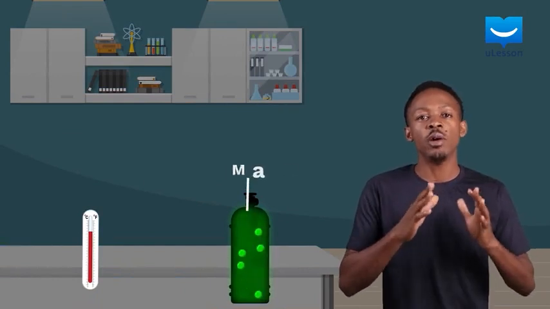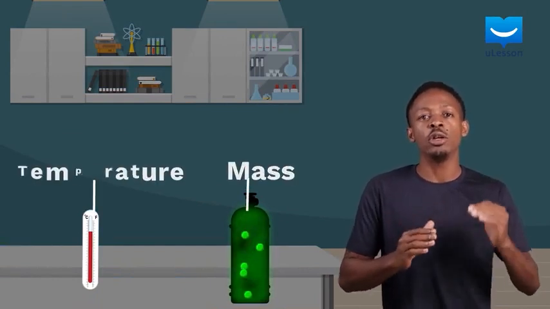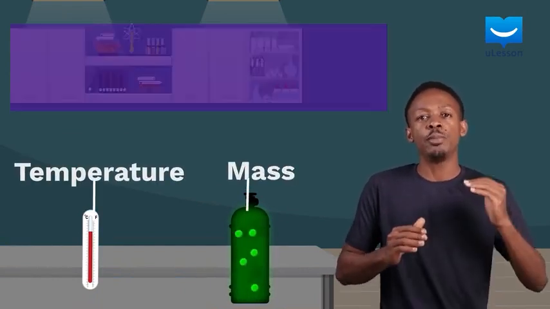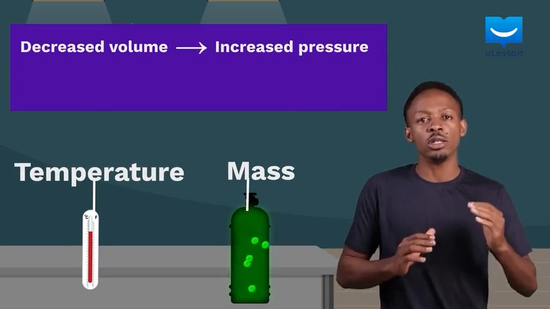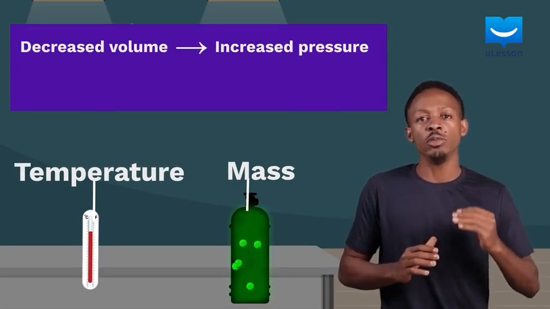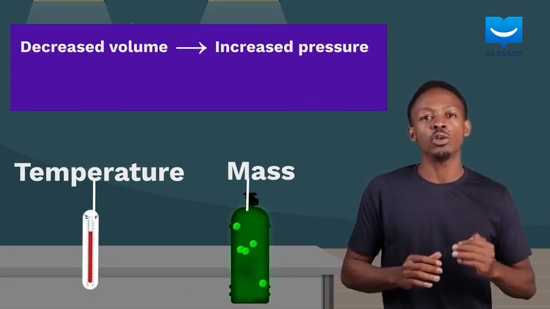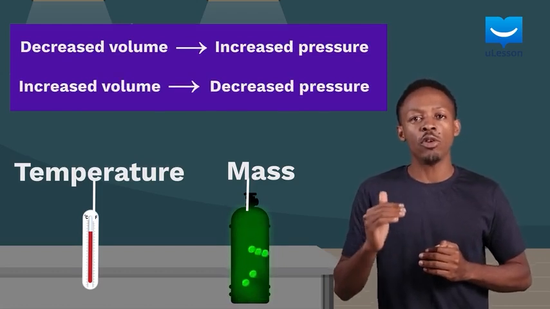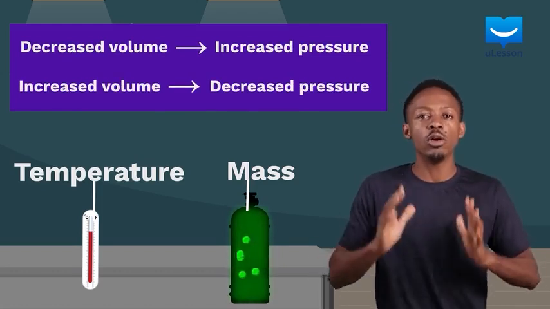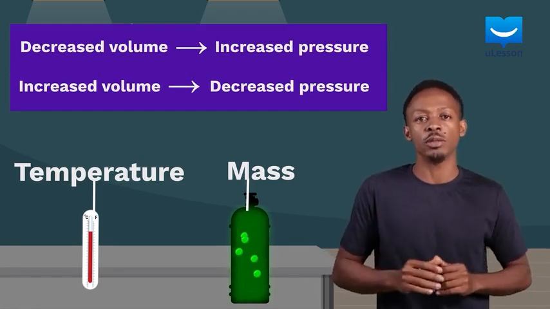This means that if the mass of the gas and the temperature do not change, then the pressure of the gas will increase if the volume is decreased, and the pressure will decrease if the volume is increased, as long as it is a closed system.